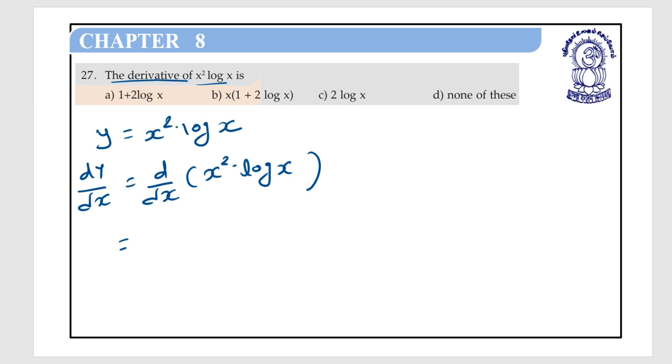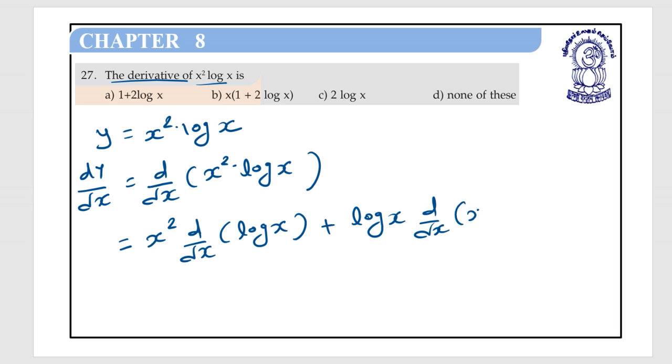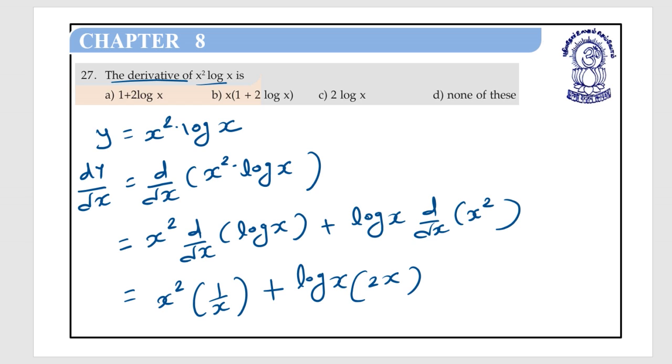Product form, u into v form, so x square as it is, d by dx of log x plus log x as it is, d by dx of x square. So x square into 1 upon x, differentiation of log x is 1 upon x, plus log x, d by dx of x square is 2x.